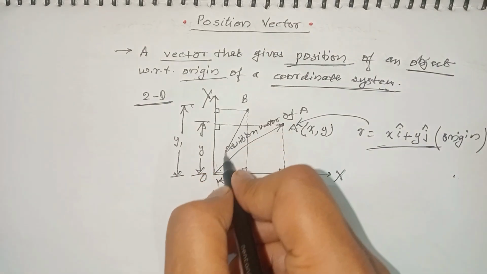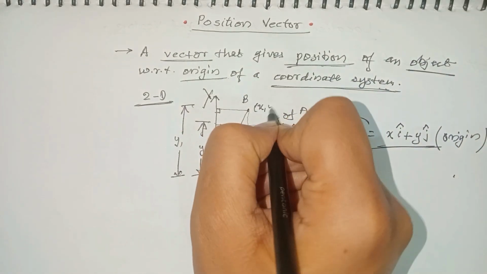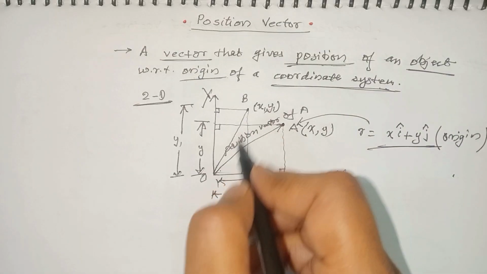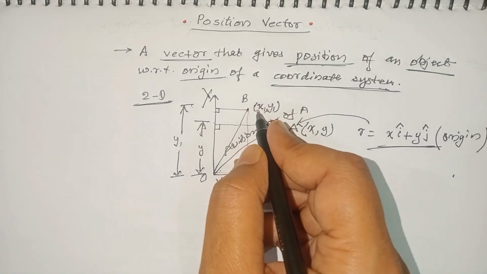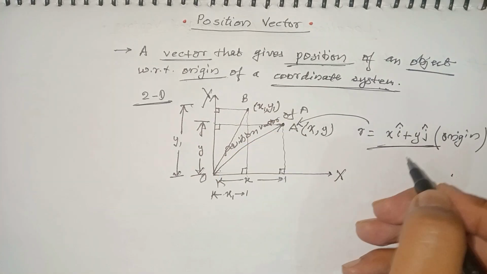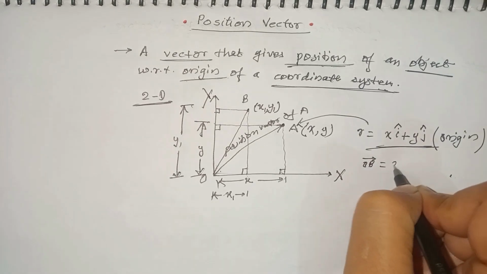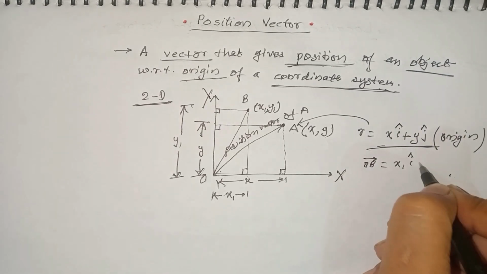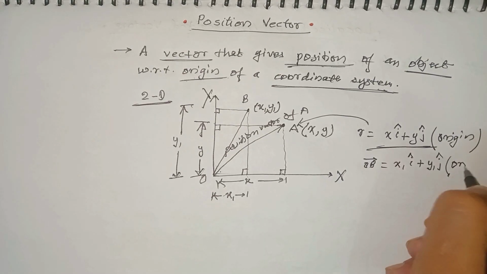Join this with the origin. Now the coordinates will be (x1, y1). So with respect to the origin, B vector, the position vector, will be x1 i cap plus y1 j cap. This is also with respect to origin.